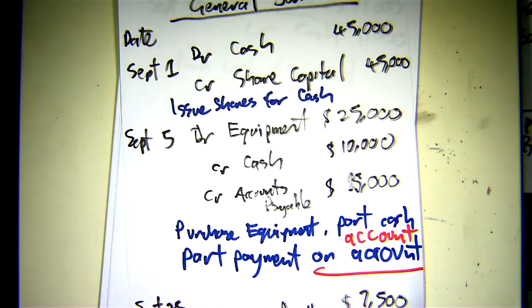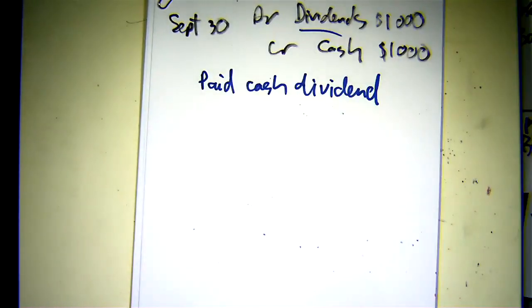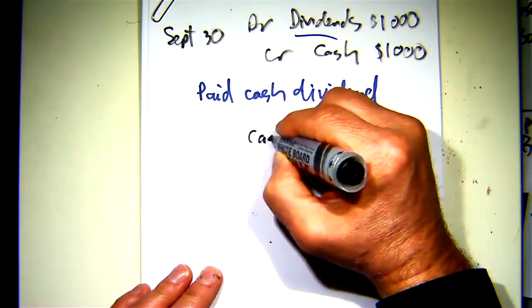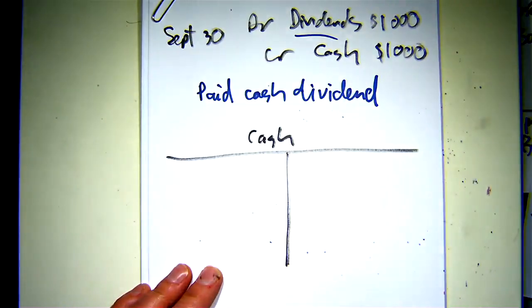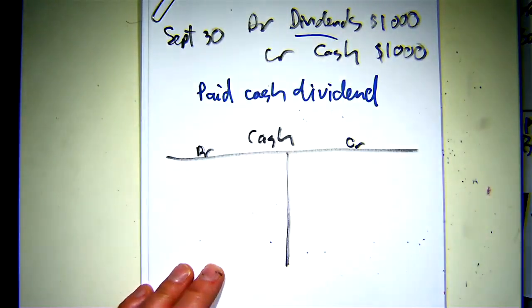So we've got to create the T accounts. I've got the ledger for cash. So I'll just write debits on the left, credits on the right.